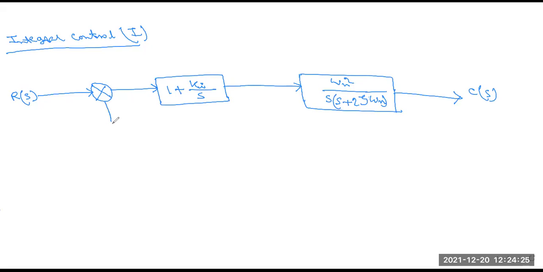And unity feedback we have to attach in this system from the output to the first summing point. Minus, this is plus, this is the E(s).